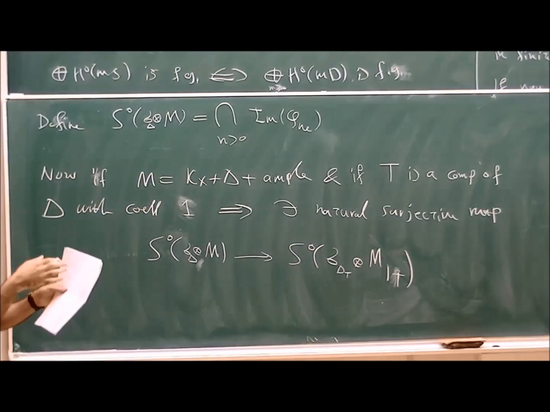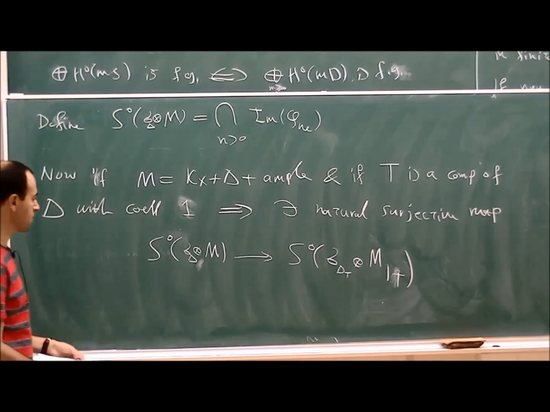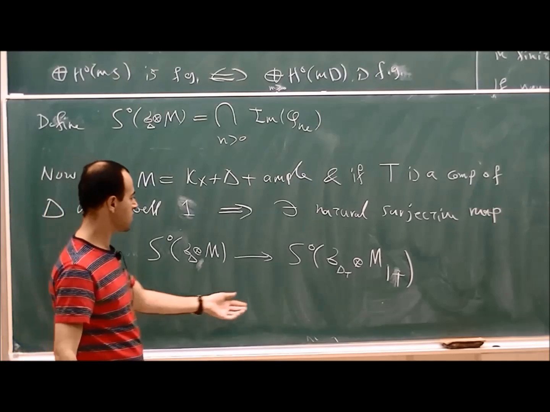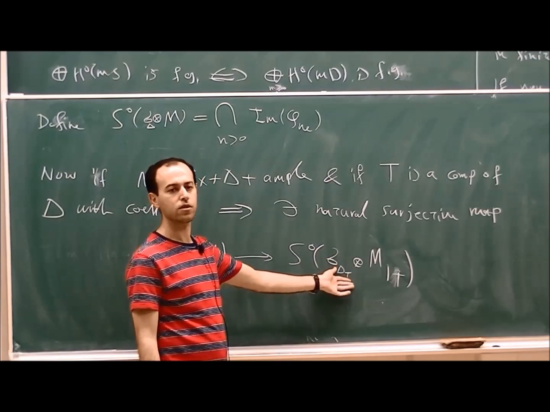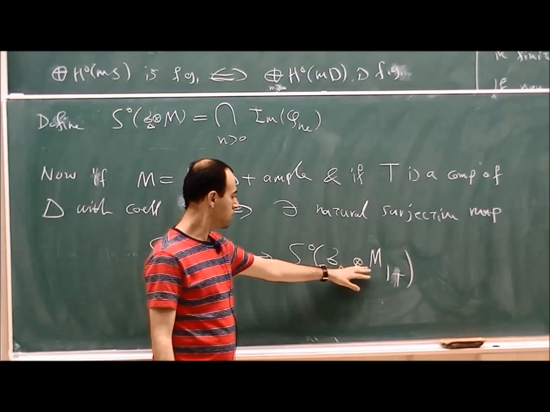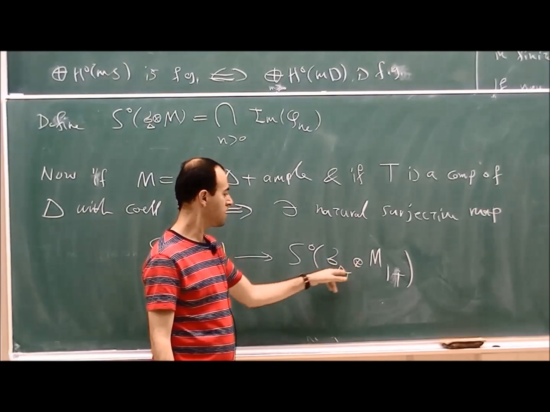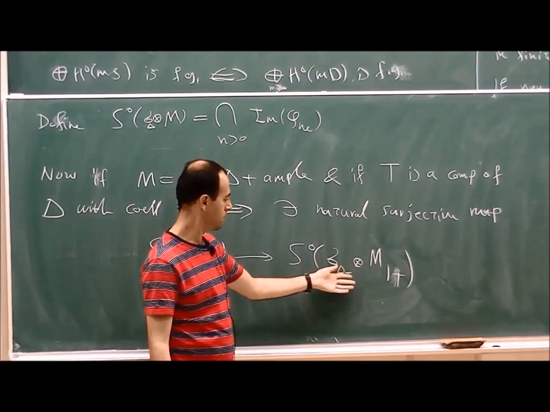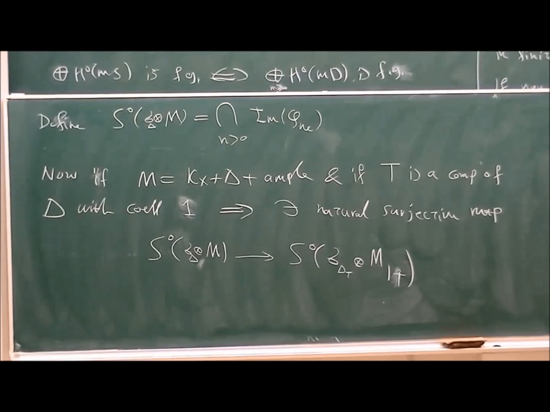So in other words, you go on T, you have your divisor restricted there, you apply the freeness and so on, you get some multiplier ideal over there, and then all the sections of M tensor this ideal, in this notation, will all come from the ambient space. So not all sections will be lifted, but at least some will be lifted.